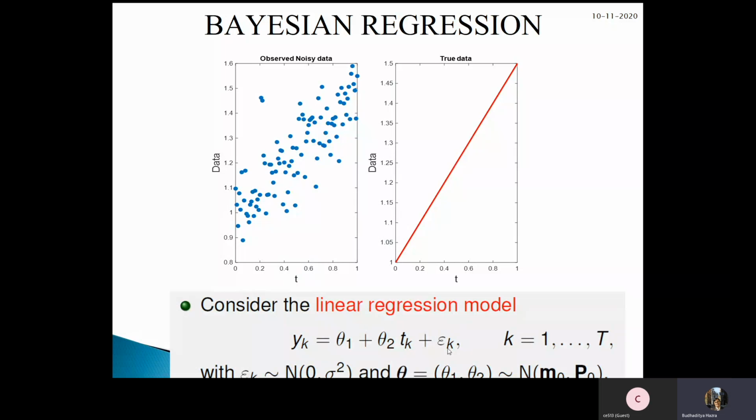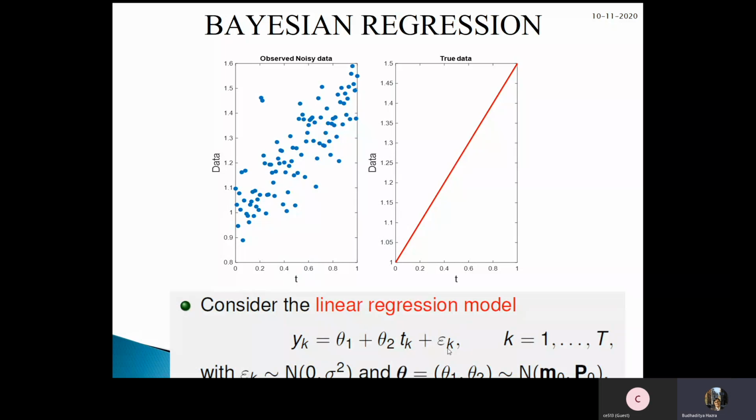For linear regression to be valid, the error is a random variable. The error is a Gaussian random variable with zero mean and some standard deviation sigma, or some variance sigma square. That is the mathematical statement of linear regression.